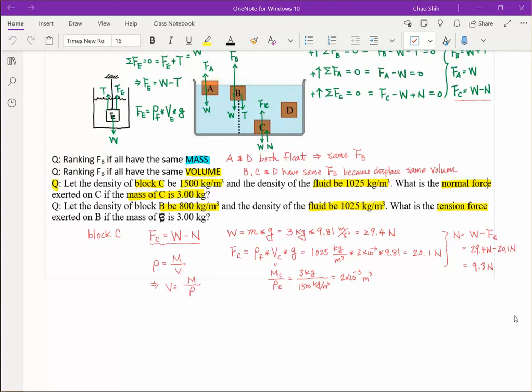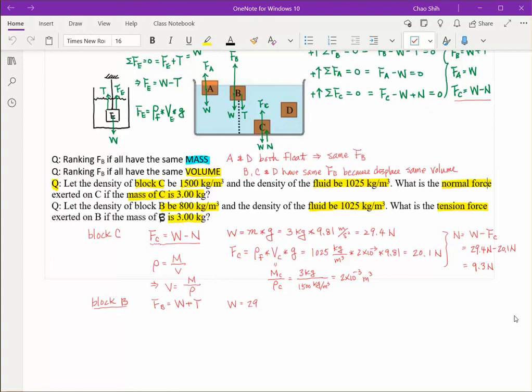And we make the mass of that also equal to 3 kilograms. So let's look at the block of B. Then you write down the force equation. The force of B is equal to the weight plus the tension. So we already found out what is the weight, right? So the weight is 29.4 Newton.